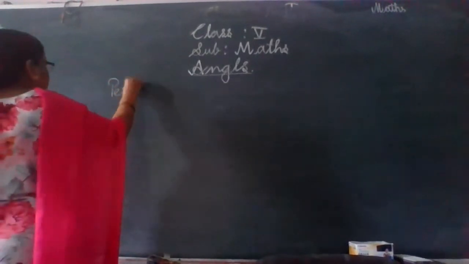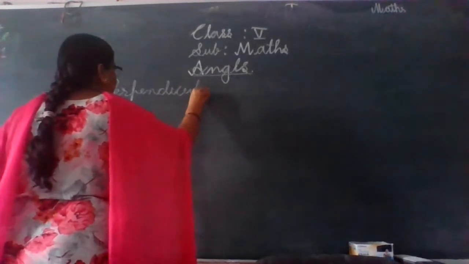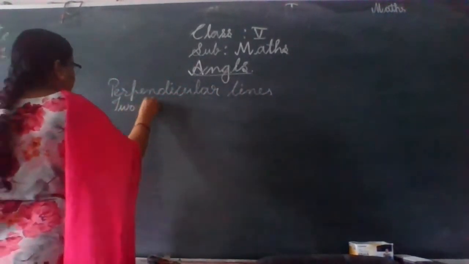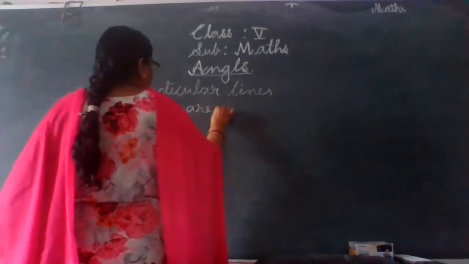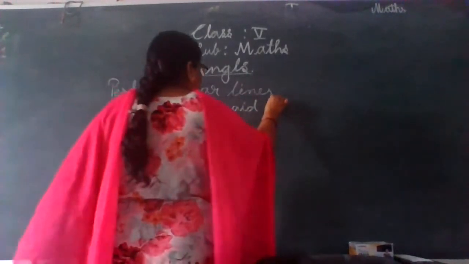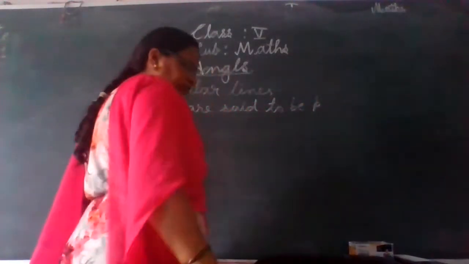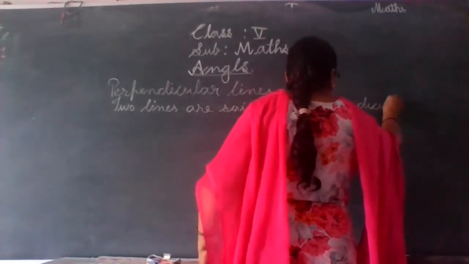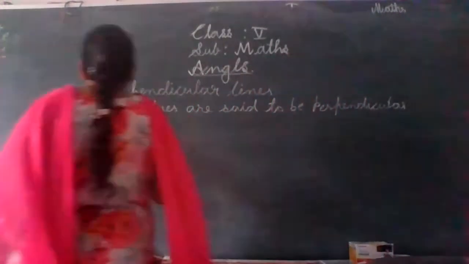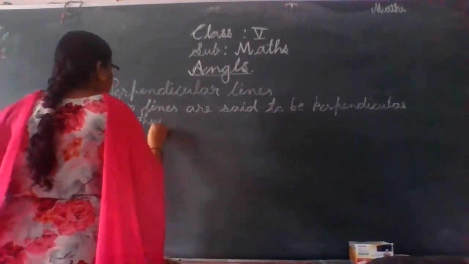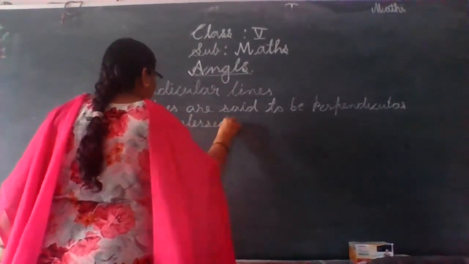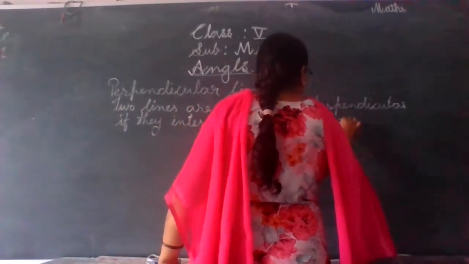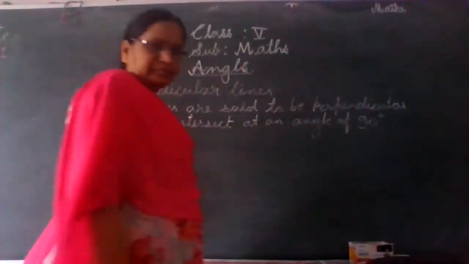Perpendicular lines: two lines are said to be perpendicular if they intersect at an angle of 90 degrees.